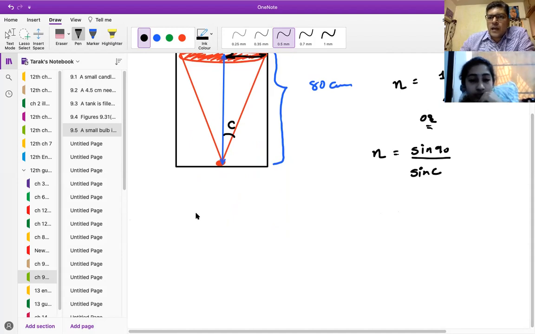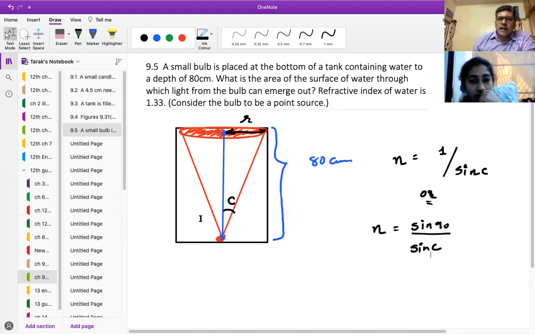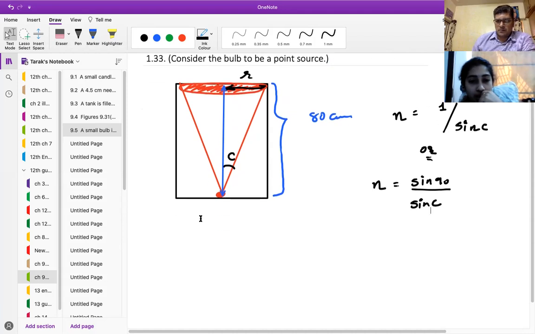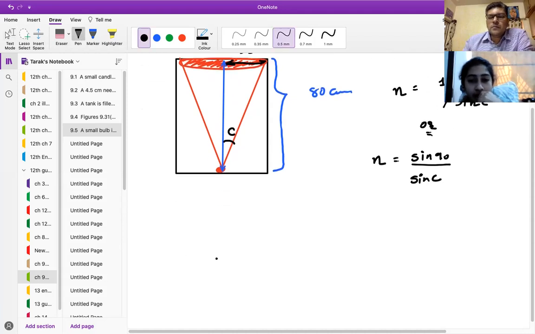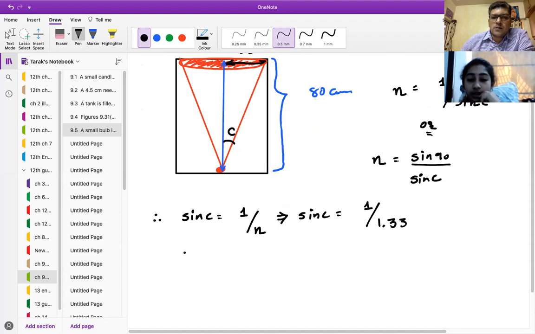Sine C I don't have. n's value I have, it is 1.33. So I am finding C as well. So my sine C is 1 divided by n. So sine C equals 1 divided by 1.33. It is around 0 point something.